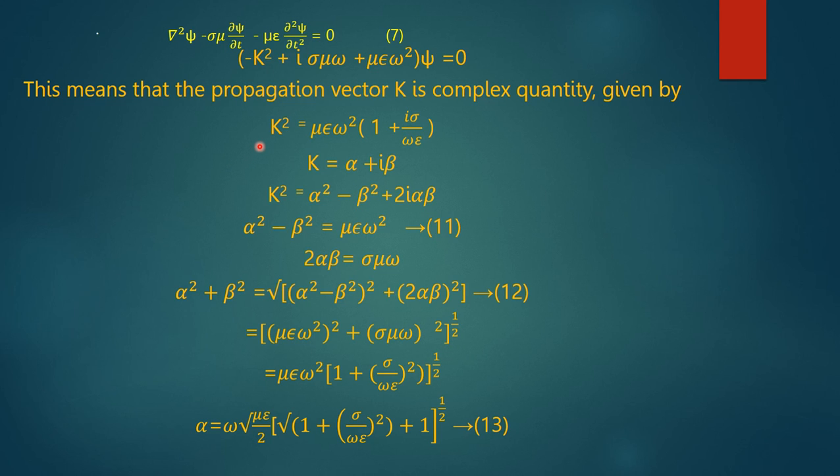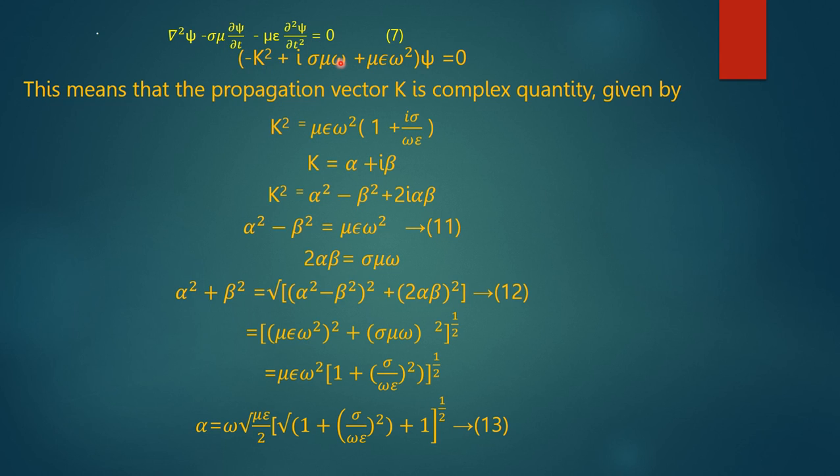If we put the plane wave solution psi is equal to e to the power i k dot r minus omega t in equation 7, we find that minus k square plus i sigma mu omega plus mu epsilon omega square times psi is equal to 0.